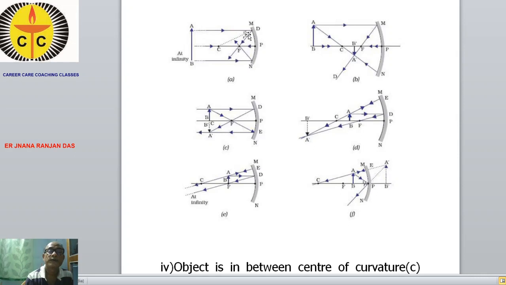So the reflected rays intersect at point F. At F, the image is formed. This image is a point image, very small, and real.